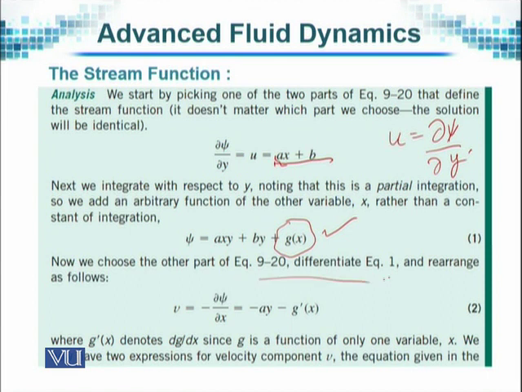Then we take the second part, like this u, we take v. v is equal to minus d psi by dx, the partial derivative. If this is what we have obtained as psi, then d psi by dx will be this, and if g is the arbitrary function depending upon x, g prime only shows that it's a derivative with respect to x.